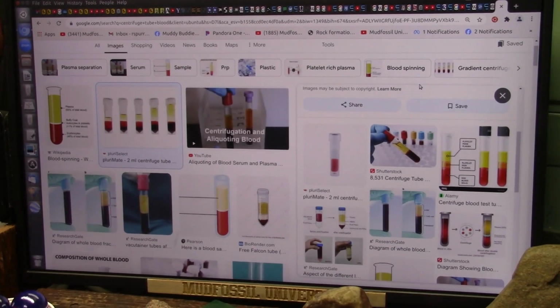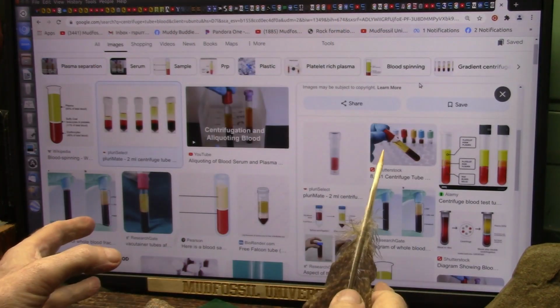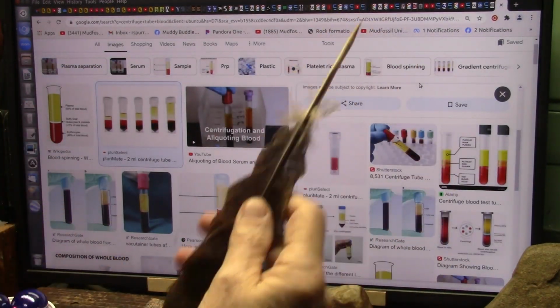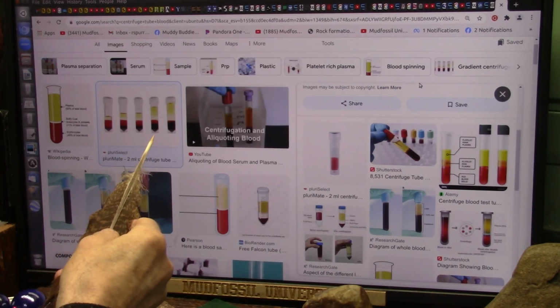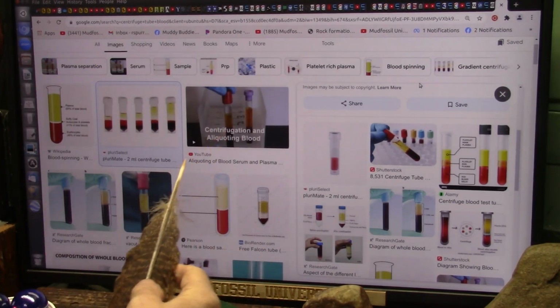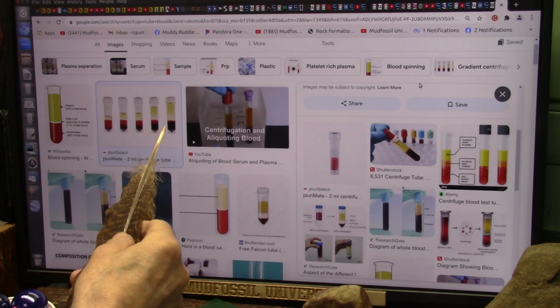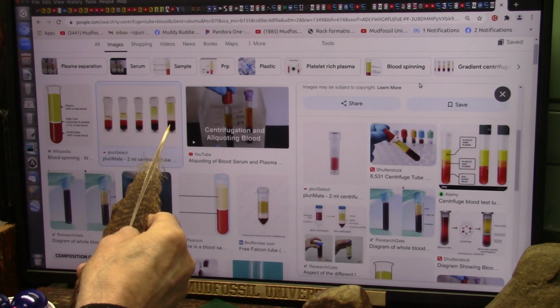All right, as I explained, a centrifuge creates super gravity. Now this is blood in a centrifuge. Now I believe this is probably artery blood. And it goes up to where you have vein blood here, which is almost black.